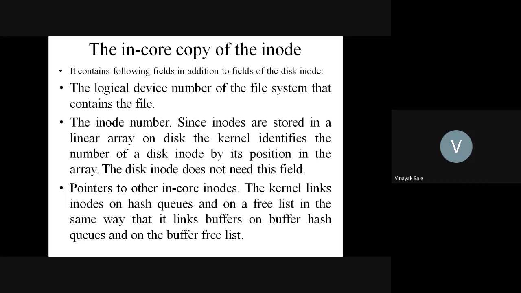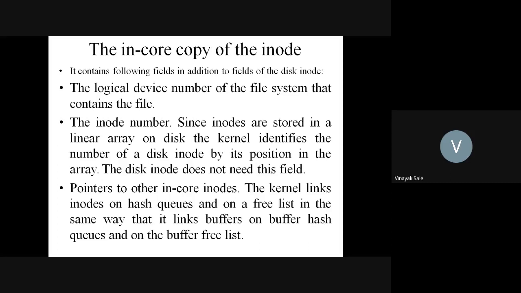The other field is the pointer to other in-core inodes. The kernel links inodes on a hash queue and on a free list in the same way as it links buffers on the buffer hash queue and the buffer free list.